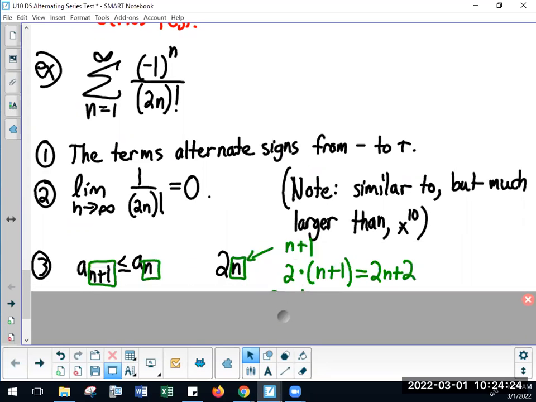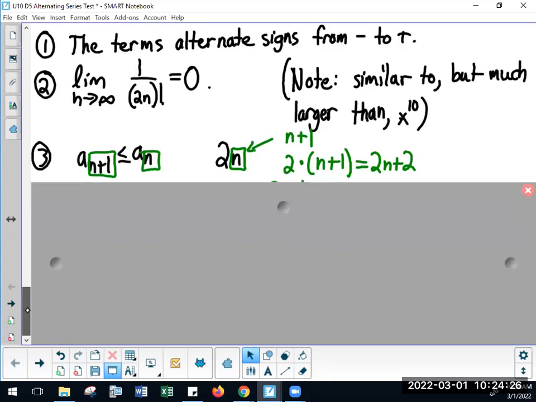So I would like to be careful with you about the n plus 1th term. I don't want you to make this mistake. When we're saying the n plus 1th term, what we're saying is n becomes n plus 1. So you see how it says 2n? That is going to be 2 times the quantity n plus 1, which is 2n plus 2.